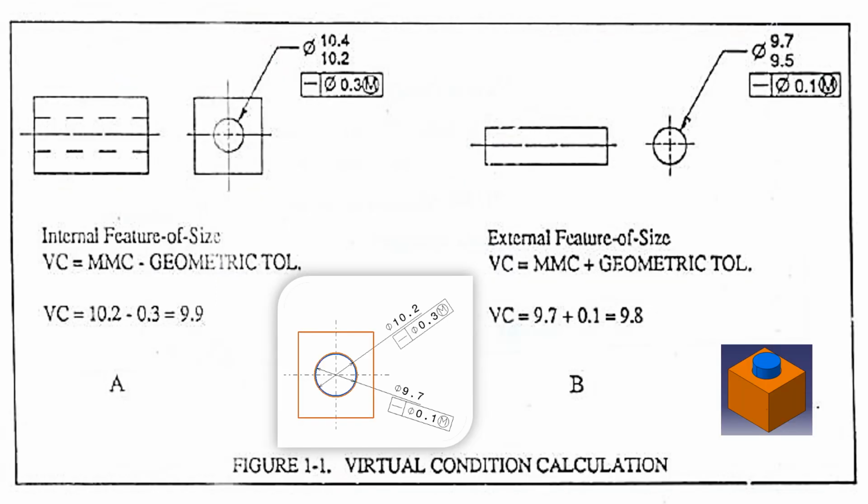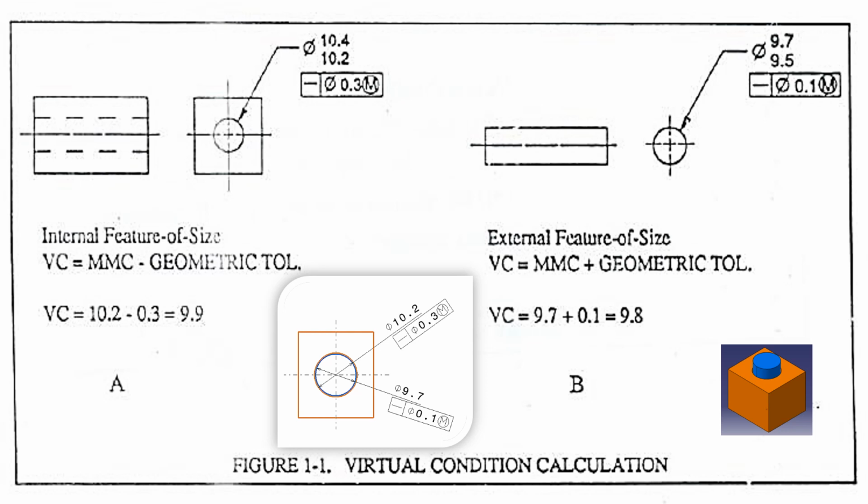And here we should understand some basic fundamentals from the GD&T point of view. For an internal feature of size, the virtual condition is equal to MMC, maximum material condition, minus the geometric tolerance. In this case, the internal feature hole has 10.2 as MMC and it has a 0.3 mm tolerance, so the virtual condition is equal to 9.9.